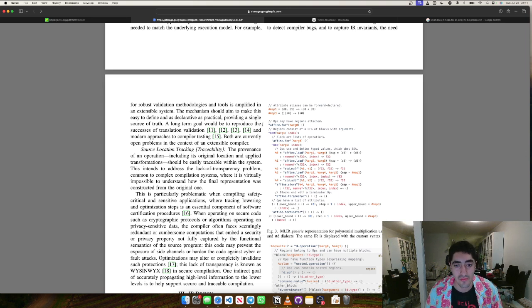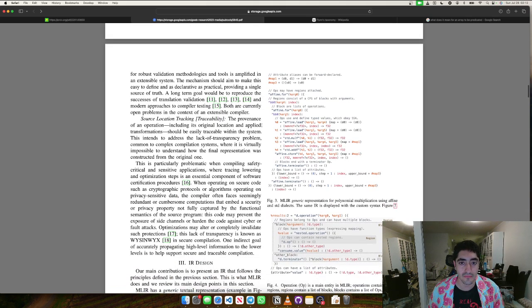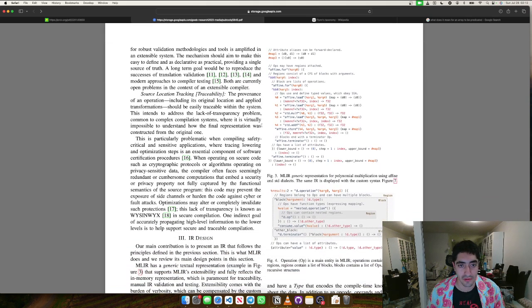The mechanism should aim to make this easy to define and as declarative as practical, providing a single source of truth. A long-term goal would be to reproduce the success of translation validation and modern approaches to compiler testing, both are currently open problems in the context of extensible compiler.